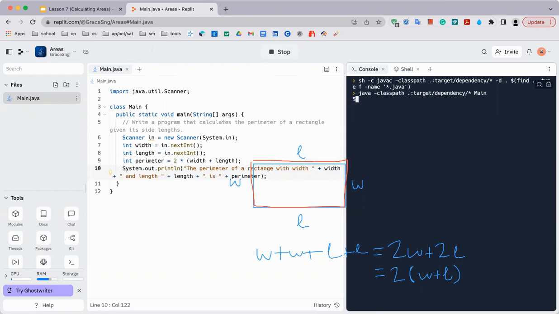So a rectangle with width 5 maybe and length 6. My output is the perimeter of a rectangle with width 5 and length 6 is 22. And you can really quickly do the math yourself. That is correct. Maybe width 9 and length 1. Then my output says that the perimeter of a rectangle with width 9 and length 1 is 20, which is also correct.